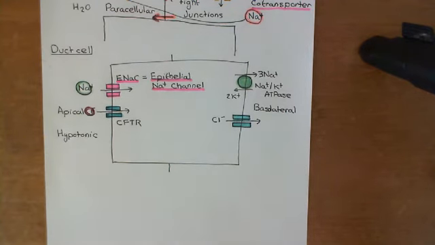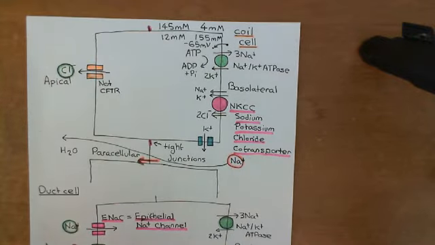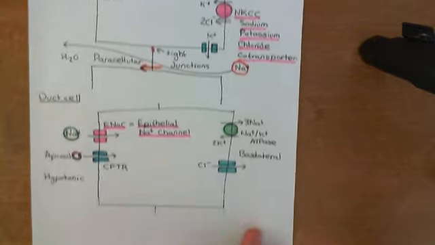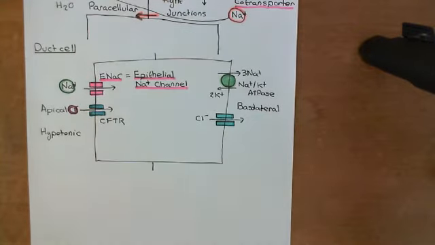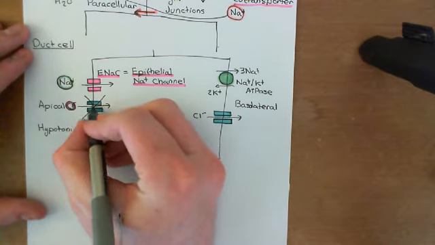Right. So, cystic fibrosis then. What happens in cystic fibrosis? In cystic fibrosis, the coil cells are unaffected. They produce the primary secretion just fine. The duct cells, however, are affected. CFTR is lost in the duct cells.